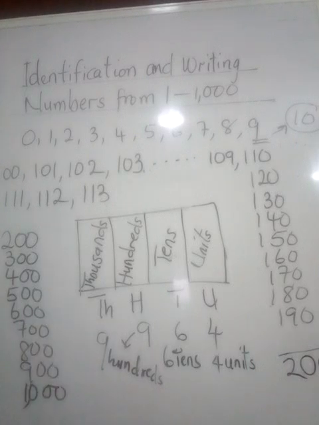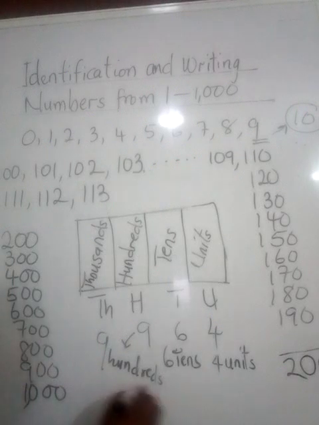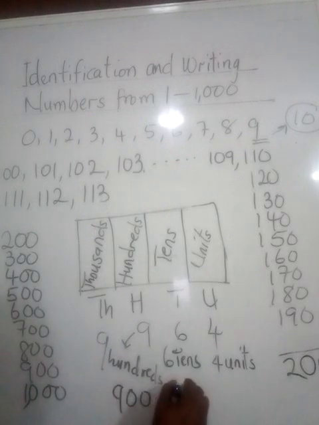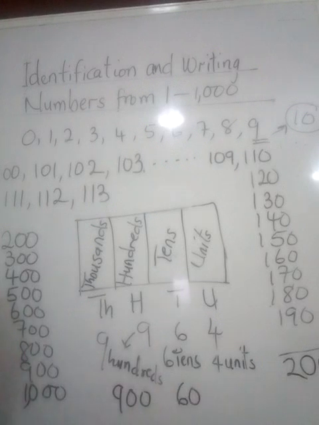By correctly positioning the digits in their proper positions, you're already there. So just some slight modification to what you have now, you have come up with the actual name for this number. So you have 900, which is 900. 6 tens is what? 6 and 0, which is 60, and then 4 units is simply 4.